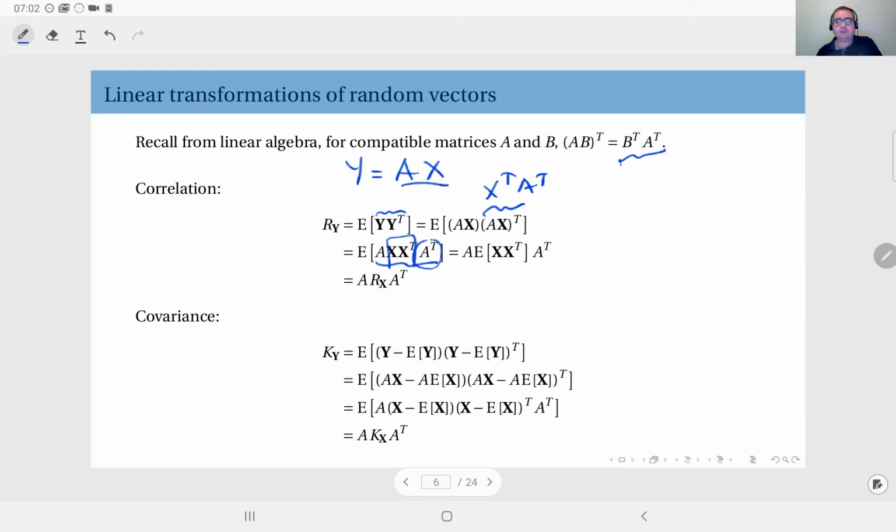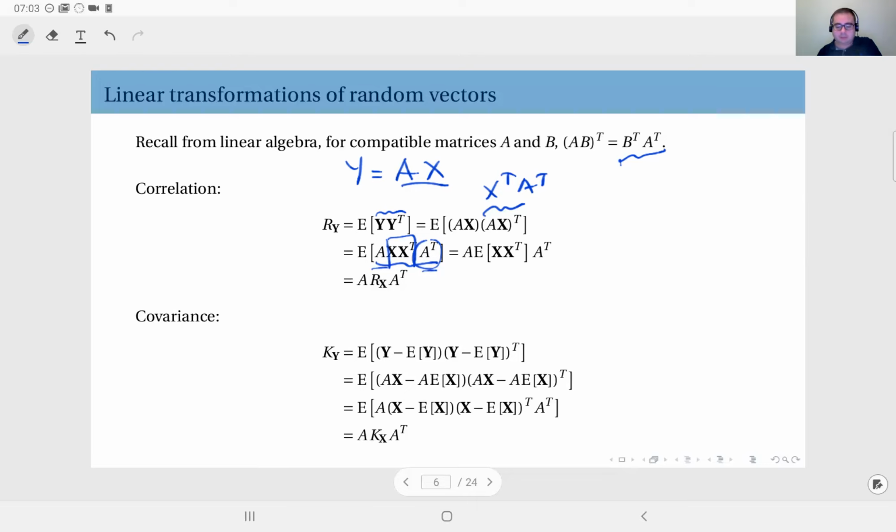This is a function of the random vector x, but you have multiplications by scalars. Therefore, I can actually pull out the matrix A towards the left and the matrix A transpose to the right of this expression, outside of the expectation, due to the linearity of expectation.